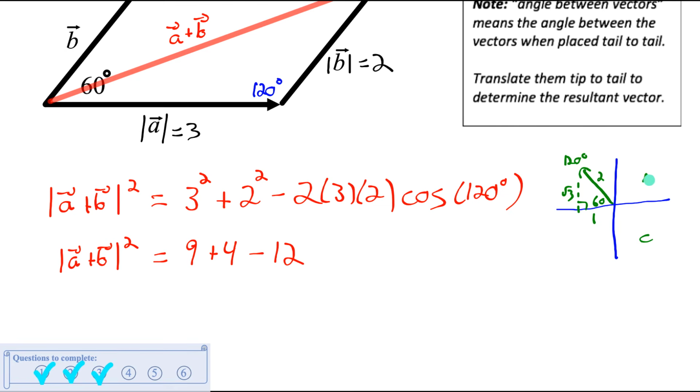And based on the CAST rule, I know that the cosine ratio in this quadrant is going to be negative. So I could replace cosine 120 with negative cos 60, and cos 60 is a half, so I can replace it with negative a half. So the magnitude of vector A plus vector B squared equals 13, and then negative 12 times negative a half is positive 6.